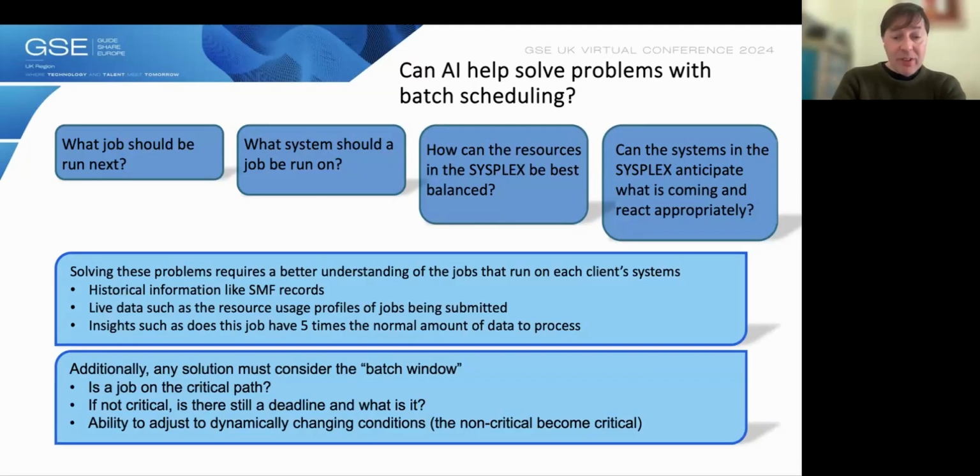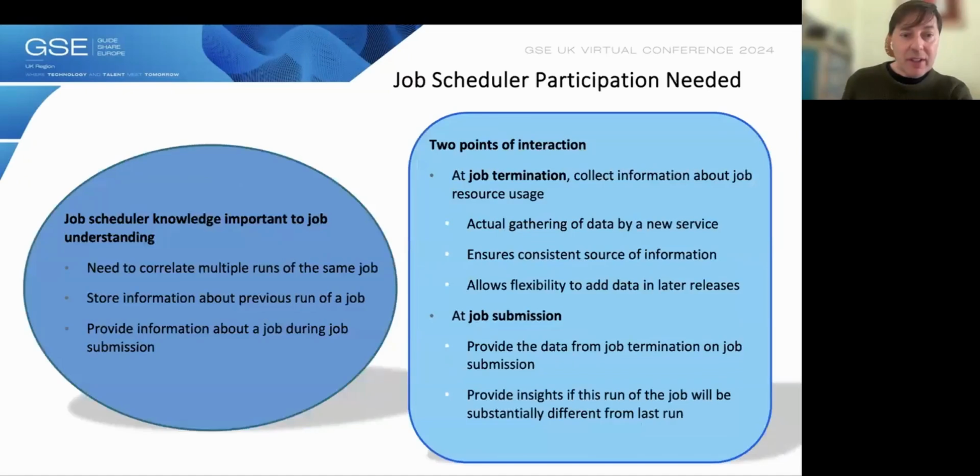Also all the information related to the job: how critical is the job? Does it have a deadline? All these are problems that we want to face together with System Z, with the operating system, to optimize the execution of the batch scheduling.